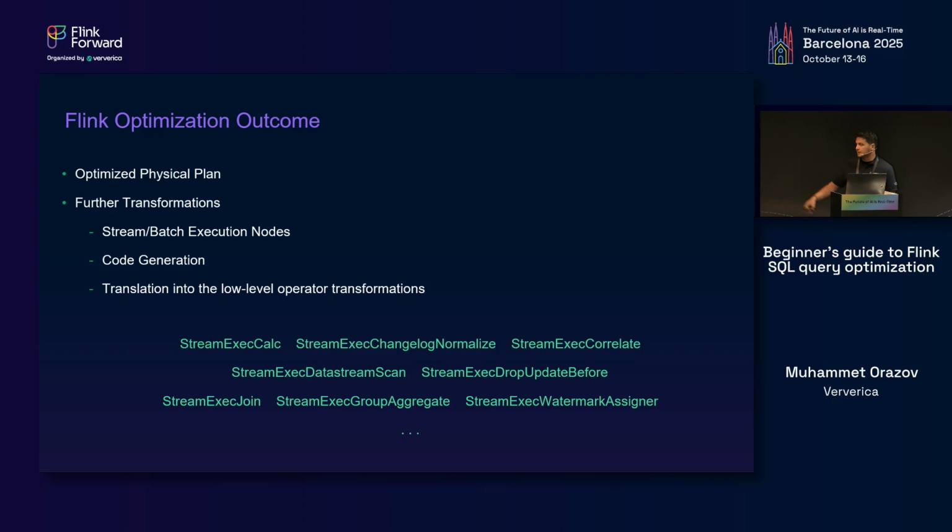There are corresponding batch classes, for example, batch exec calc is also available. So this is the final outcome of the optimizer and planner, and these exec nodes can be serialized into JSON, and also visualized in the UI.